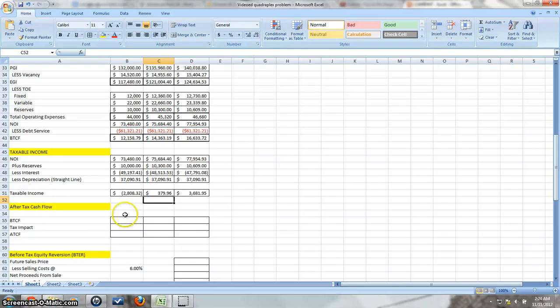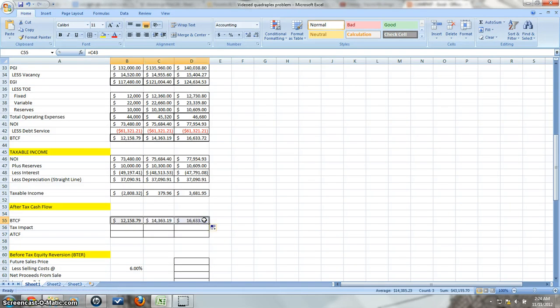And as a result, I'm going to take that into account in the tax impact section using a special little formula. Now that doesn't typically happen a lot necessarily. It really depends on the problem, but it can happen. So I'm going to show you how to take care of it.